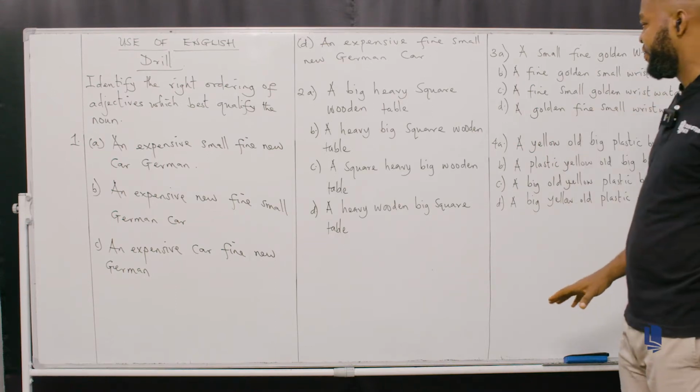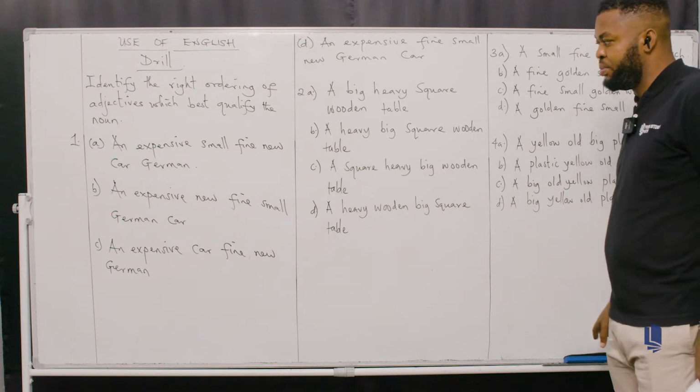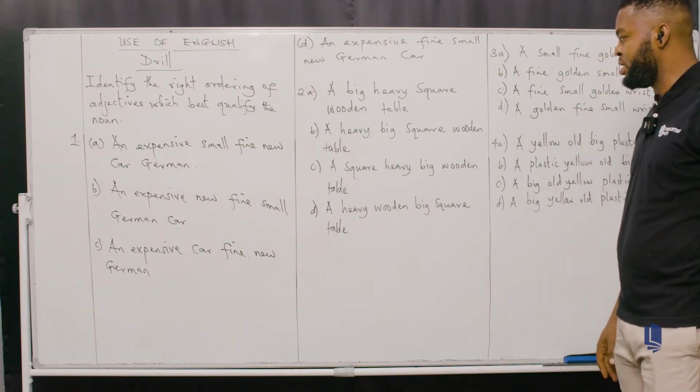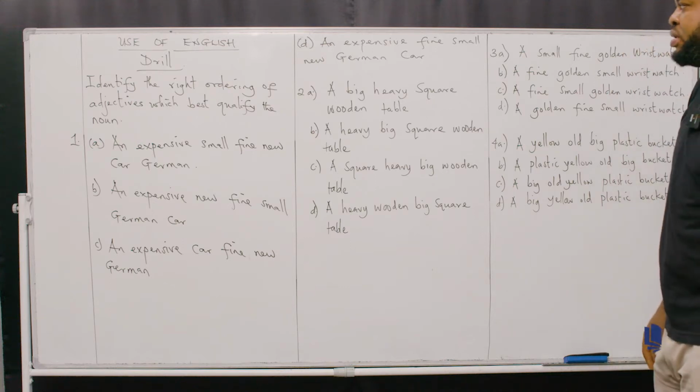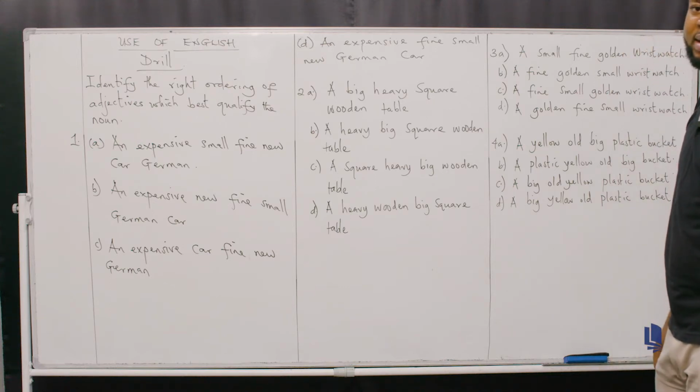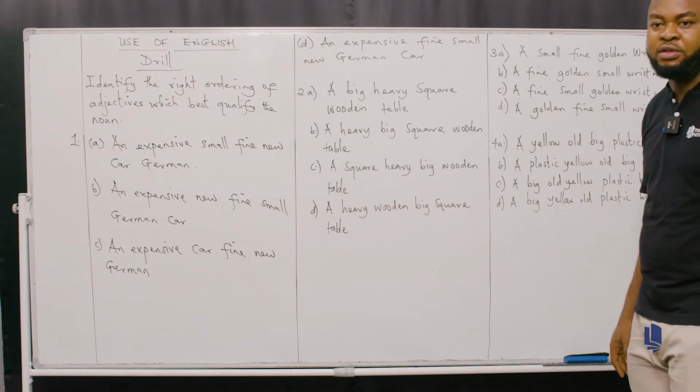I want to write the fifth one below here, but I feel you might not see it clearly. So let me allow you attempt these four first. I will take the correction, then I will add more to it. Okay? So let me allow you take these four.